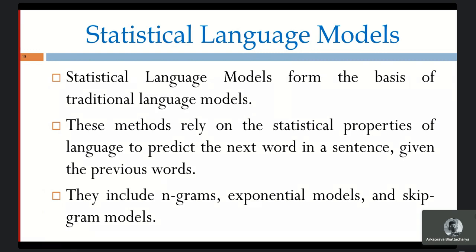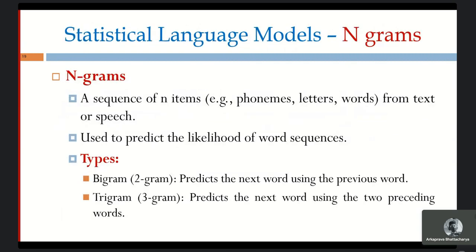They include n-grams, exponential models, and skip-gram models. N-grams completely depend on the value of n. If n is 2, you are going to predict the next word with respect to the previous word. If n is equal to 3, then you are going to predict the next word with respect to the previous two words.